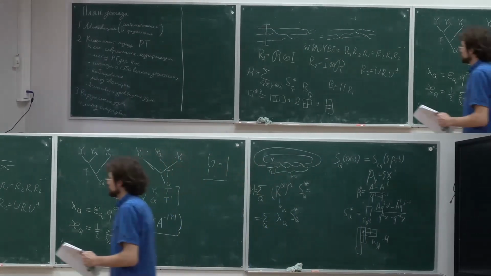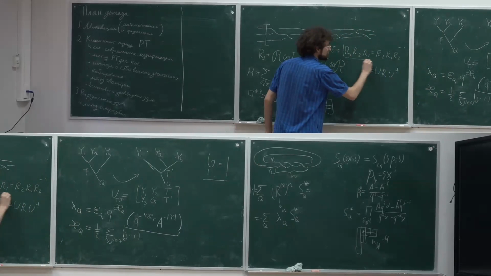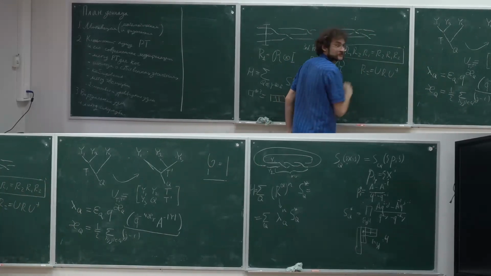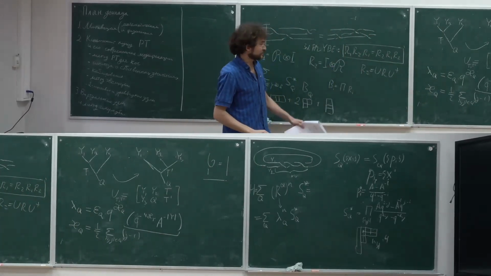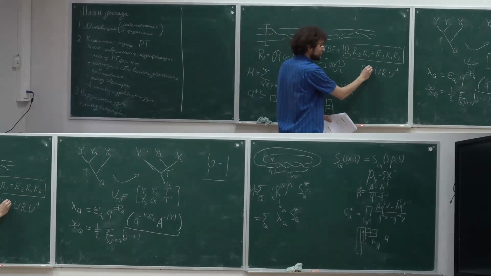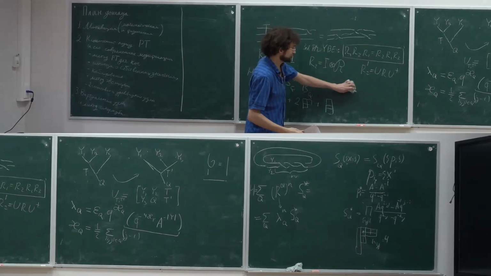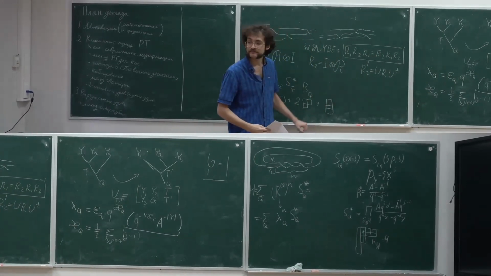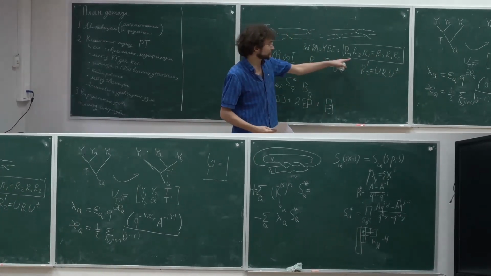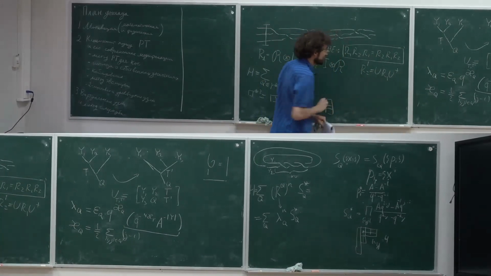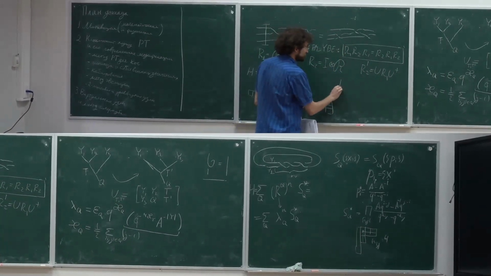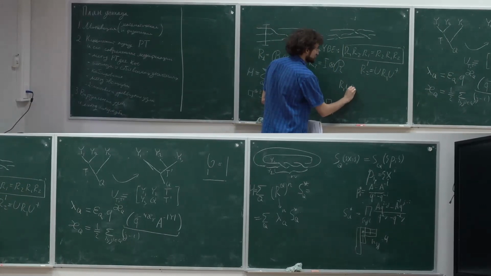Let us look at this Yang-Baxter equation and substitute there our known formula for R2. So this formula becomes the following one.